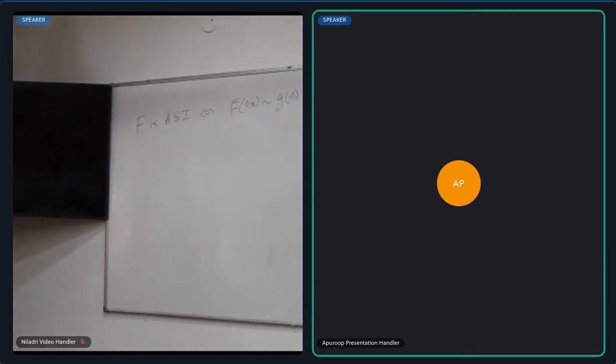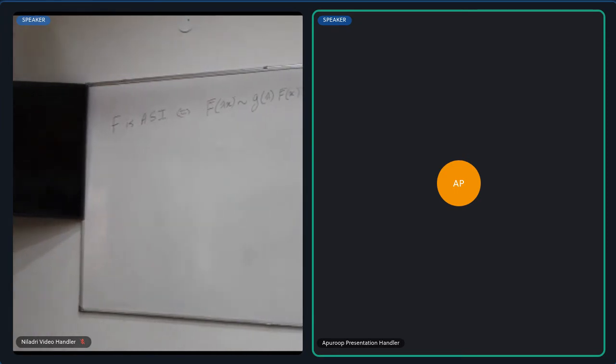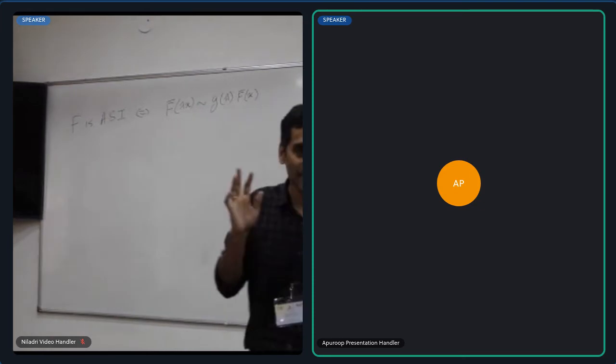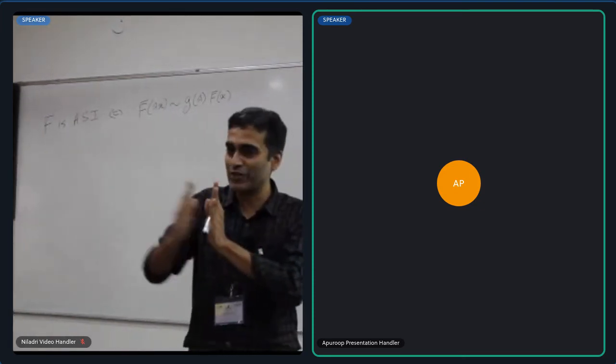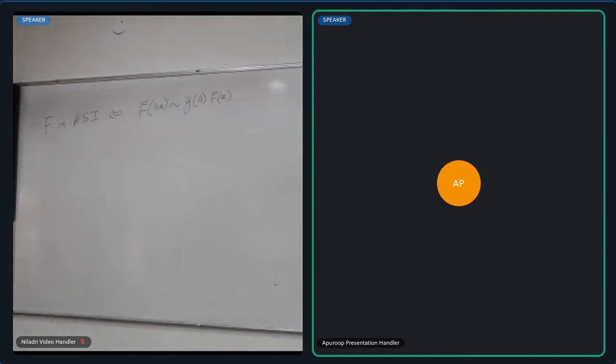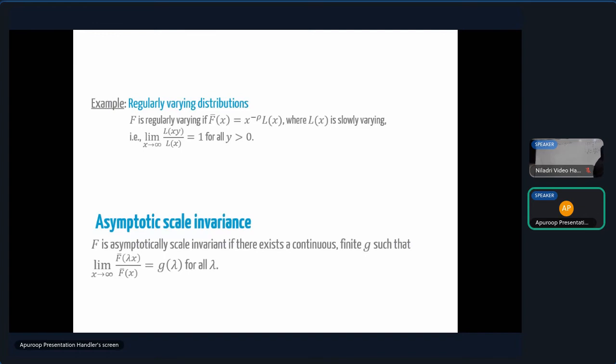Now, when it comes to scale invariance, we know that the only distributions that have scale invariance are pure Paretos, right? Or at least something that's multiplicatively like a Pareto beyond a certain point. So what is the class of distributions that gives you asymptotic scale invariance? That class corresponds to what is called the class of regularly varying distributions.